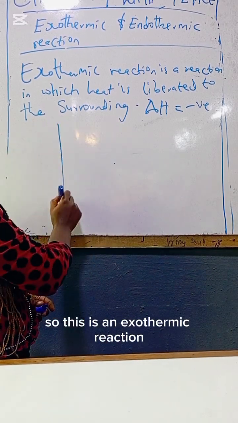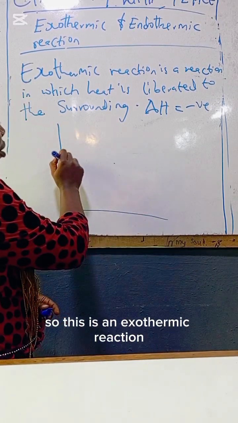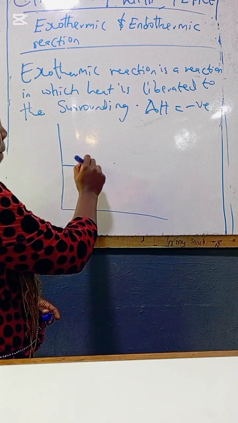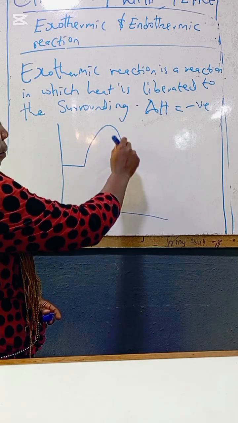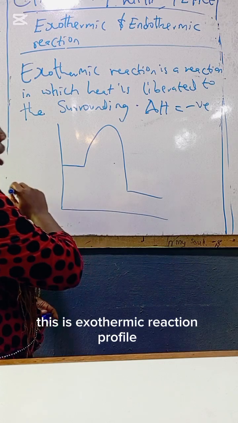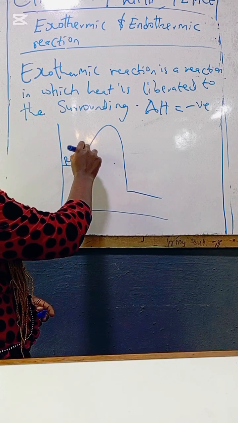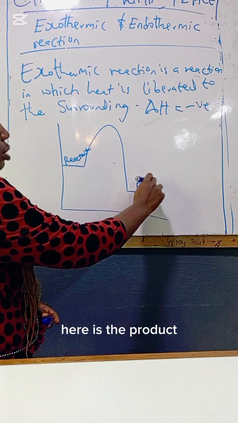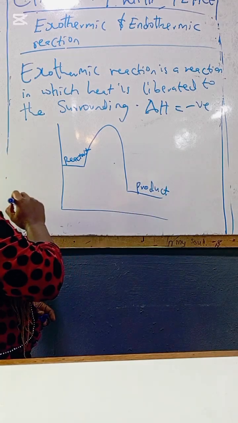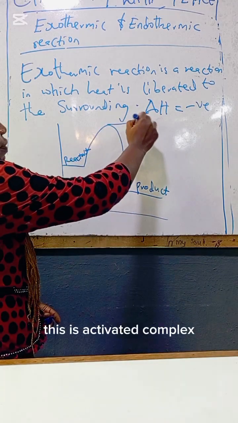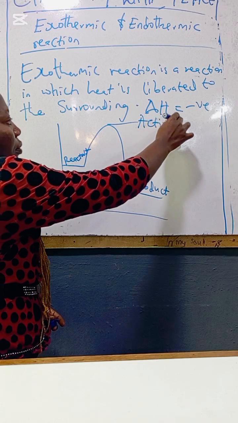So this is an exothermic reaction pathway. This is the exothermic reaction. Here is the reactant. Here is the product. This is the activated complex.